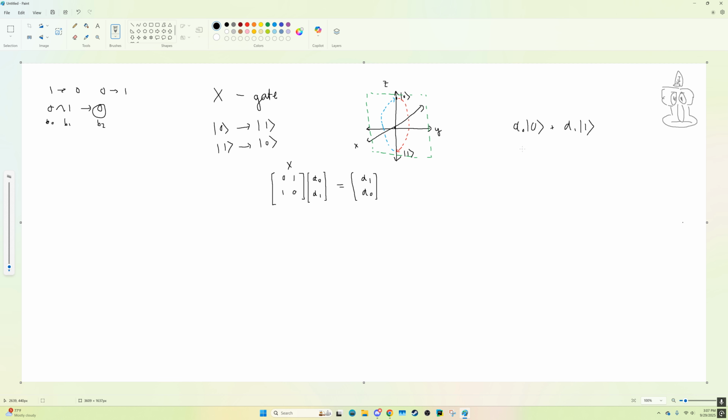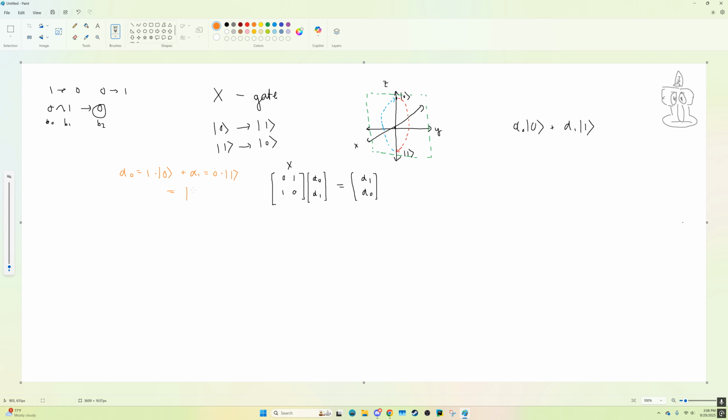If you started at qubit 0 and you turned it into a 1 using the X gate, what's really happening is you have alpha 0 equal to 1 times ket 0 plus alpha 1 equal to 0 times ket 1.